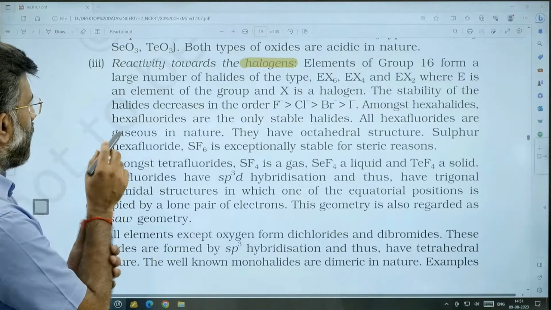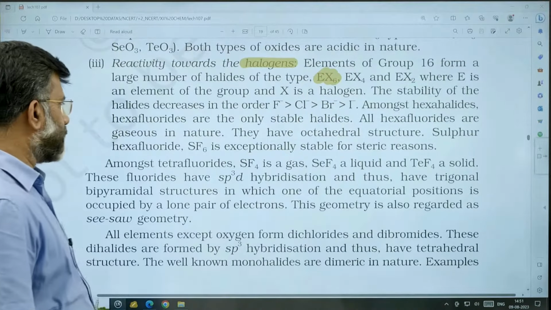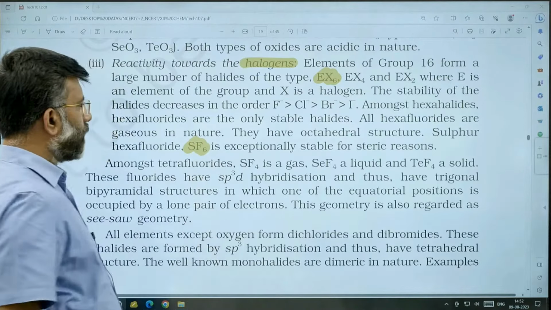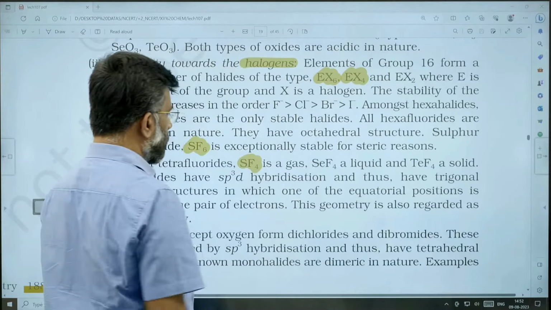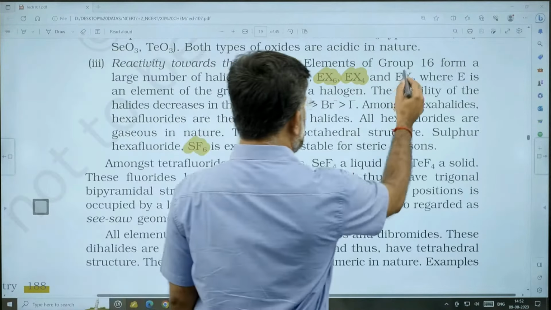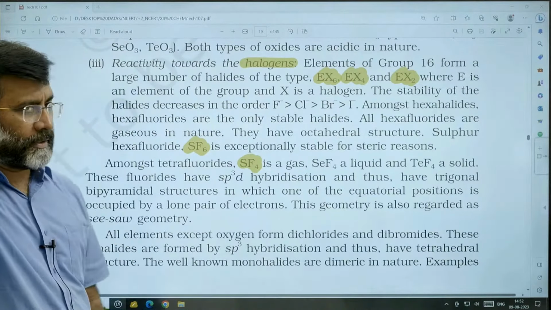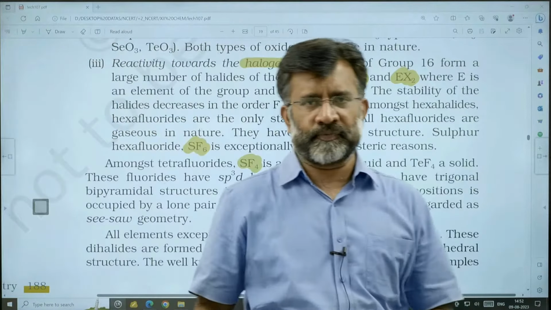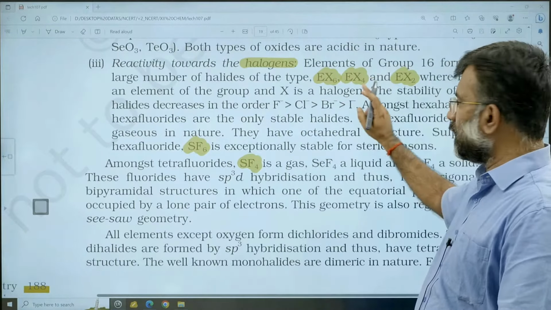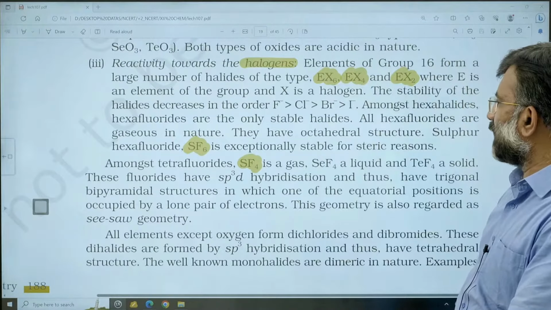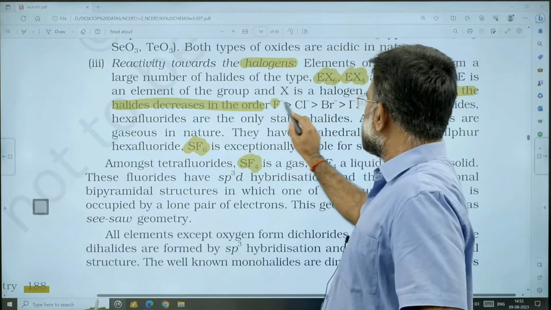There are basically a few types of halides formed: EX6, for example SF6, sulfur hexafluoride; EX4, for example SF4, sulfur tetrafluoride; and EX2, for example SF2 or SeF2. Three types we can encounter, and the stability of halides decreases in this order.